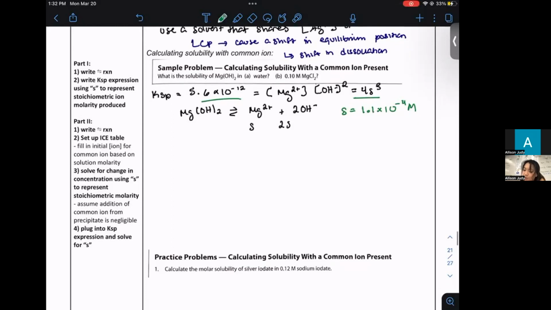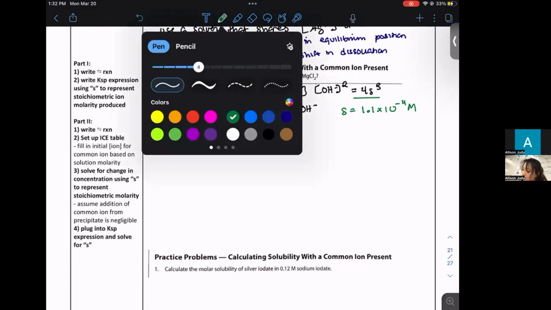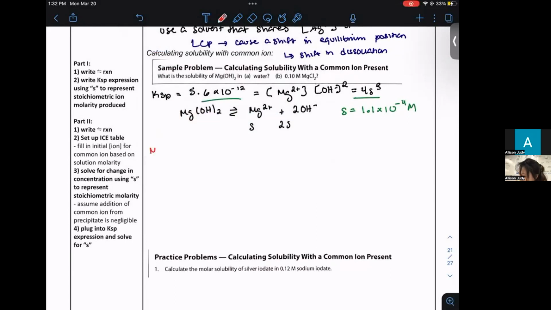But what if you are now in the presence of a solution that shares the magnesium ion, MgCl2? So an MgCl2 solution or solvent will shift it. Now what's going to happen is we're going to see that, logically speaking, the dissociation is going to become less favored.